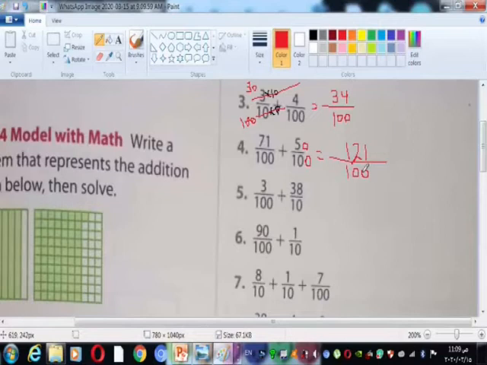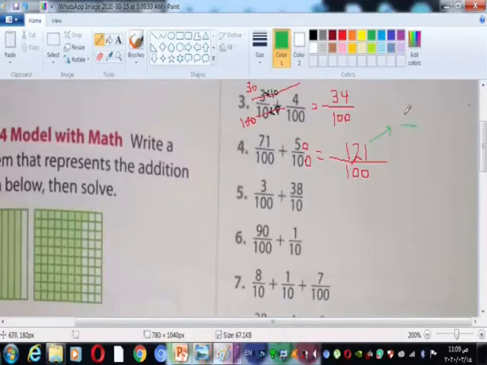Here in this question you can decompose, as we learned before. Let's choose another color to show you how to decompose it. I have 121 over 100. We can decompose it into 2 parts.